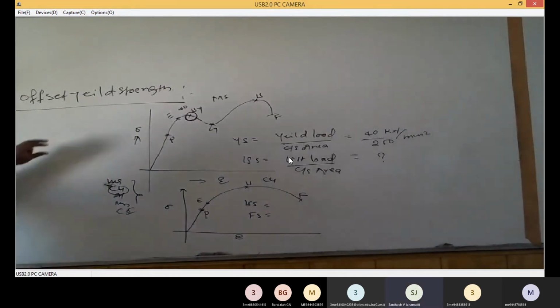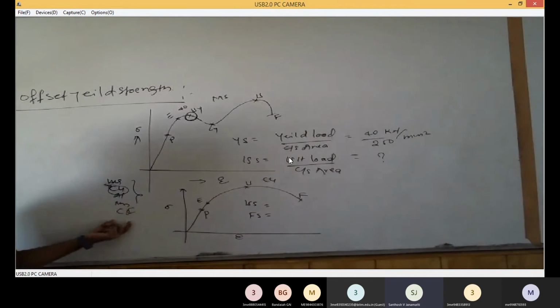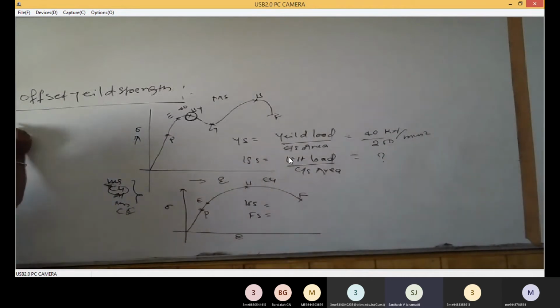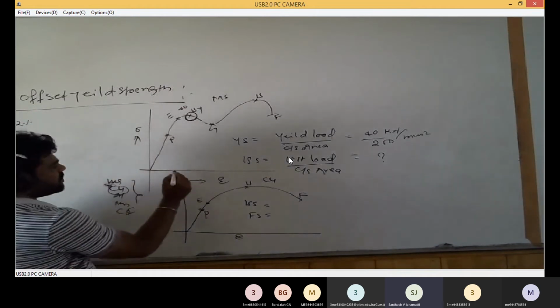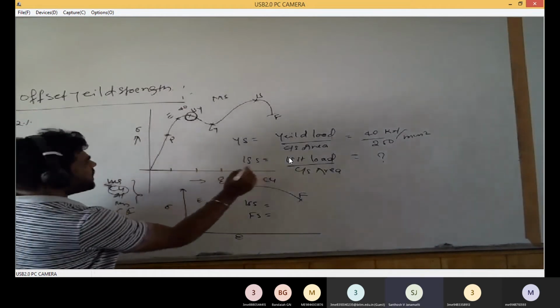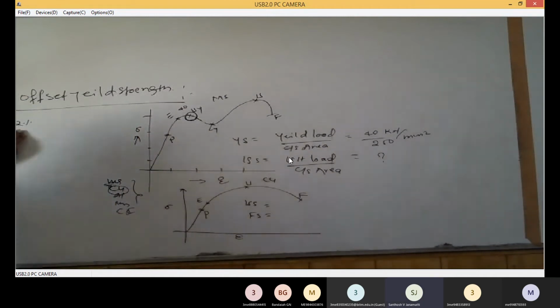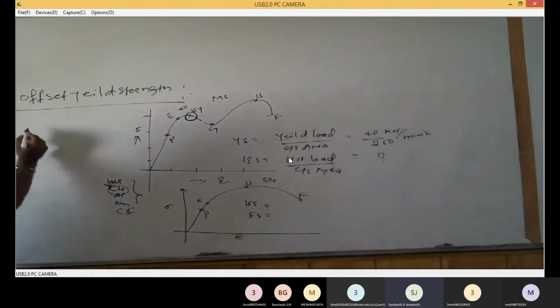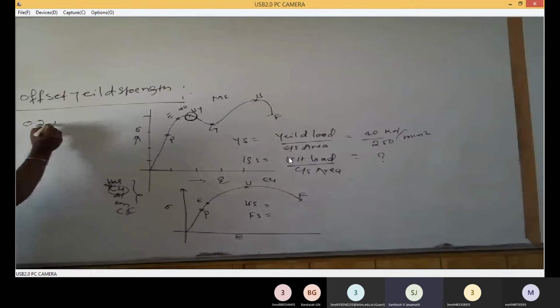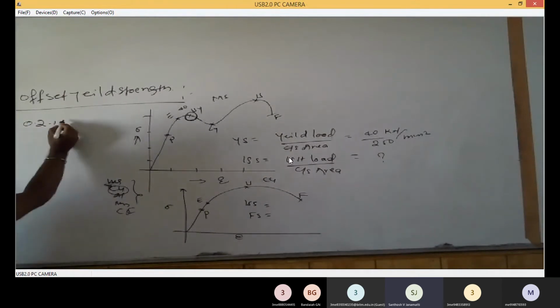First, you have to note what kind of material you are selecting. This is the strain axis, and this is the stress. If the material is a hard material, then you can take 0.2 percent strain value.